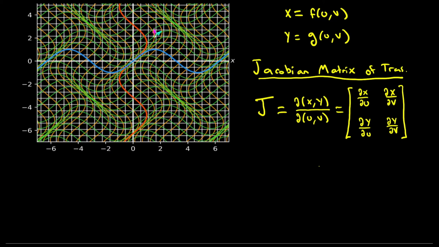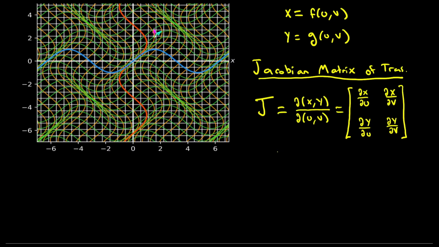But like I said before, in a very real sense, this is like the first derivative of this coordinate transformation, and it contains a lot of very useful information encoded in it about the first order rate of change of this coordinate transformation.